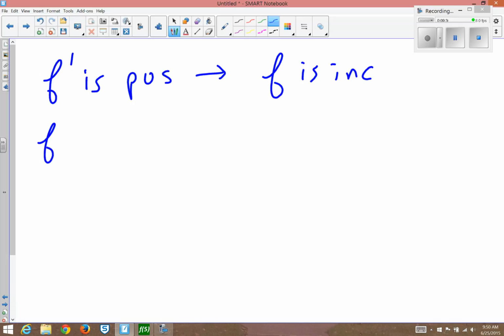When the derivative of a function is negative, then the function is decreasing.